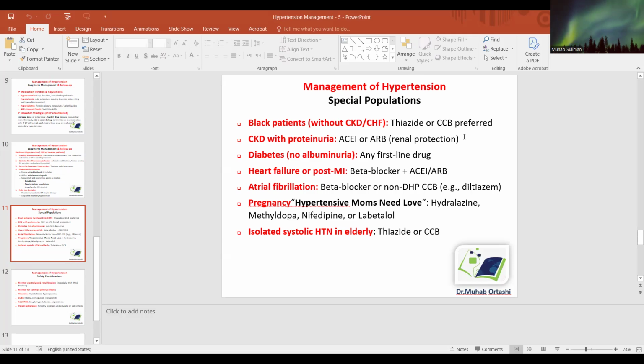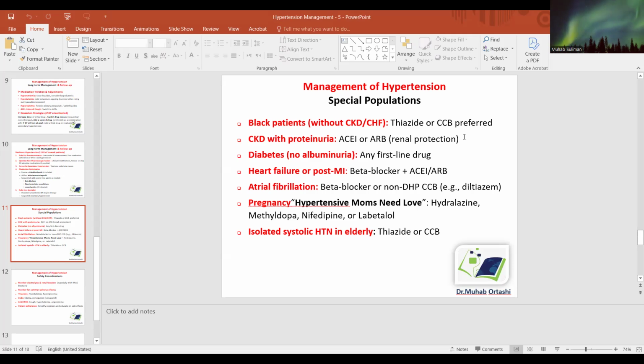So for a black elderly patient without chronic kidney disease or heart failure, we can use a calcium channel blocker as the main first line treatment. If the patient has chronic kidney failure, especially with proteinuria, ACE inhibitors and ARBs are preferable. If not, we can use other first line treatment.